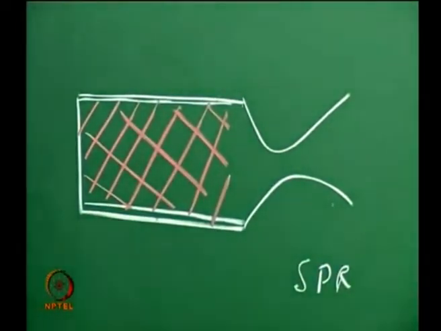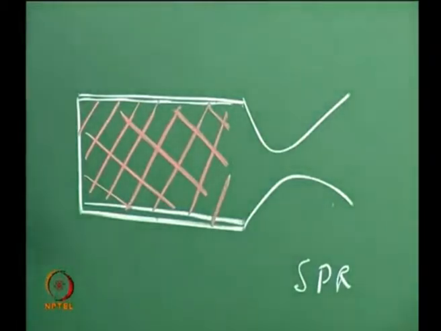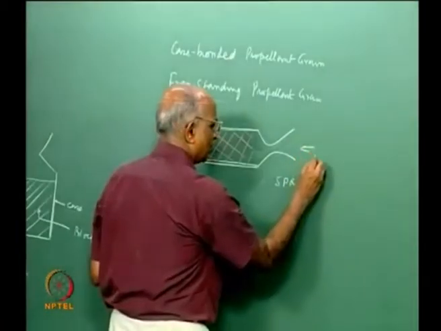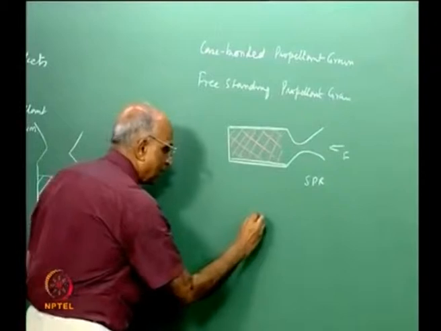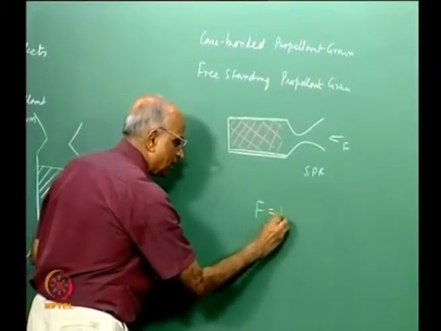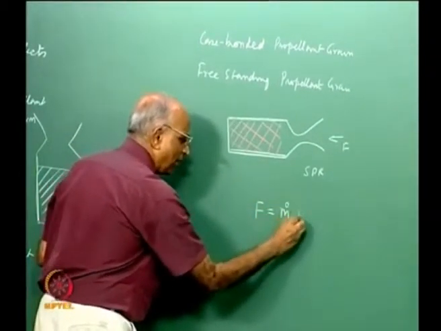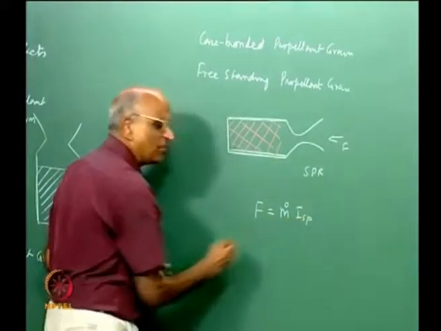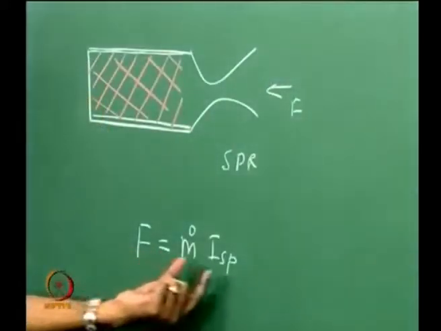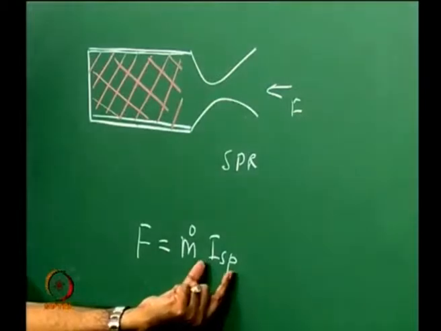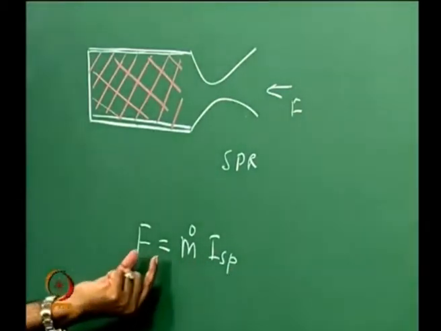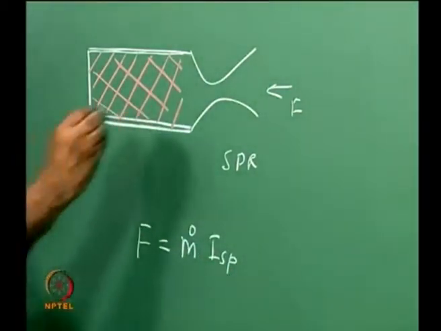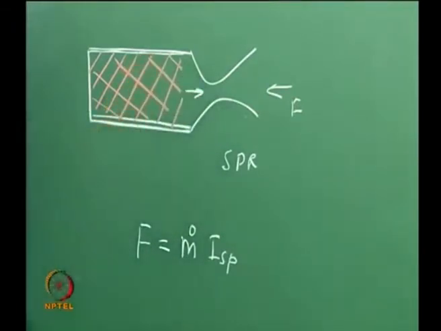But what is it we want a rocket to do? We want the rocket essentially to generate some thrust. In other words, I say the thrust of the rocket is equal to m dot into Vj or m dot into the specific impulse. We learned how to calculate the specific impulse, and supposing I want to generate a large force, I want to generate more mass flow from the burning propellant.